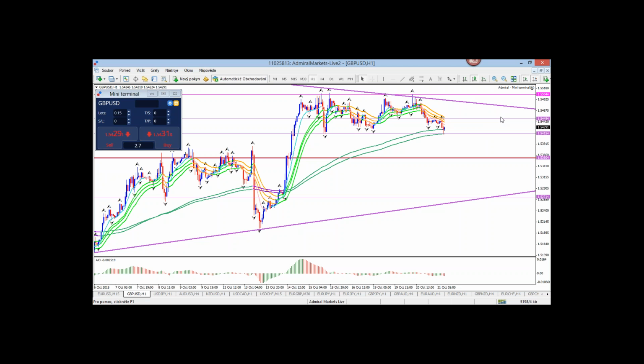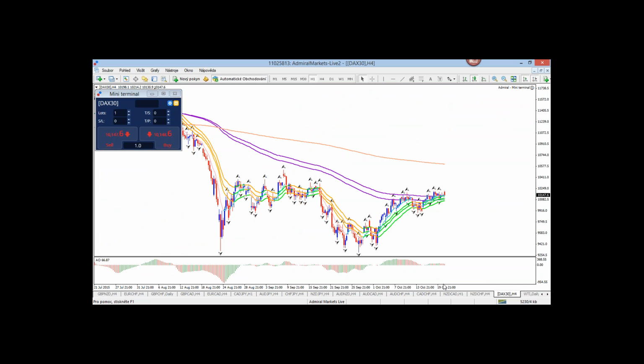Maybe we can take a look at DAX. Let's take a look. And gold, silver maybe. Well, yesterday was a small nothing day. Doji, still fighting against this resistance top.